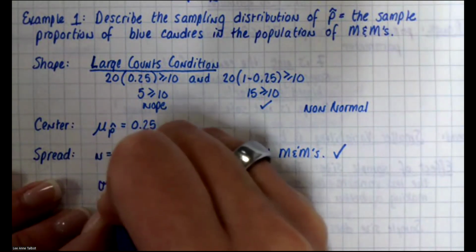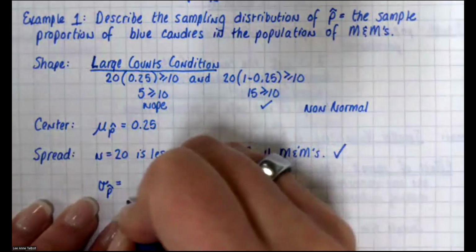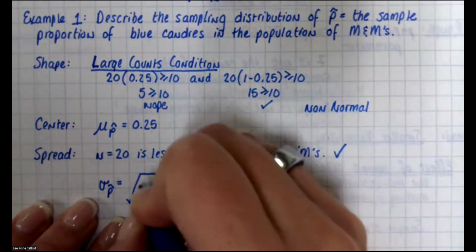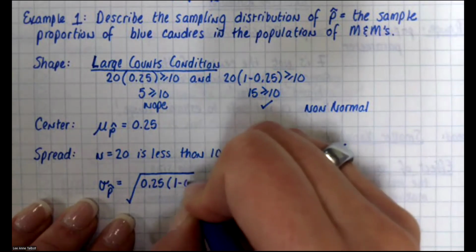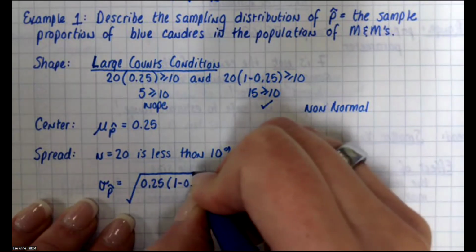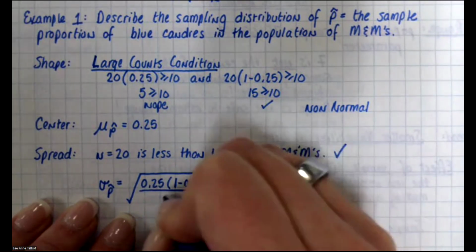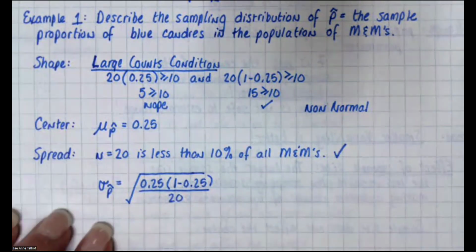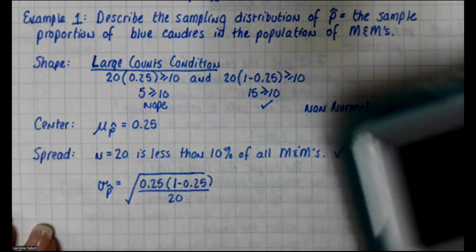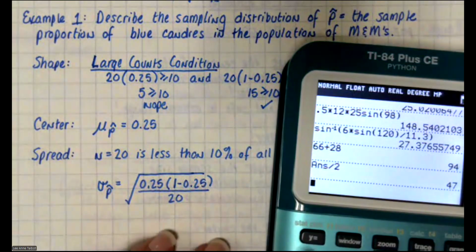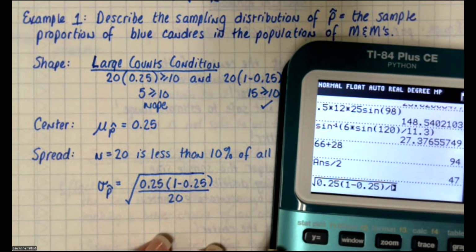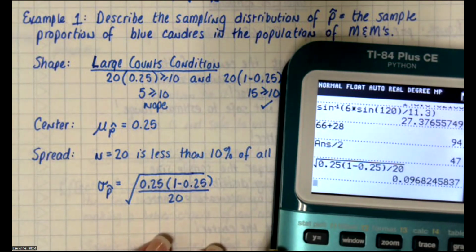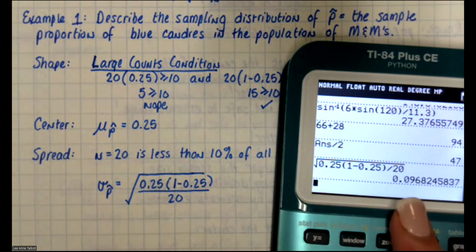Standard deviation of my graph is the square root of 0.25 times 1 minus 0.25 over 20. 0.097.